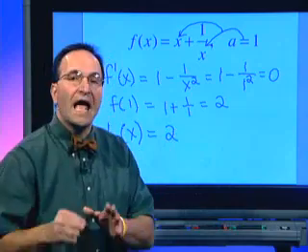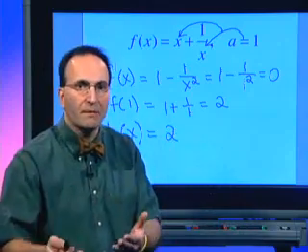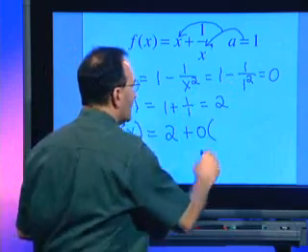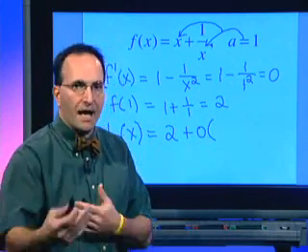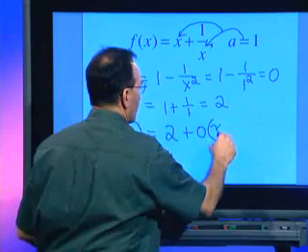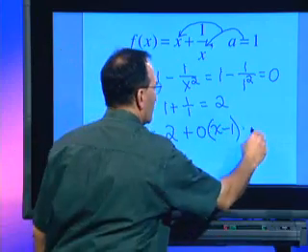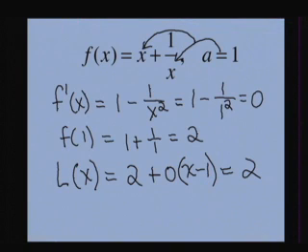Then plus f prime of a, which is f prime of 1, which we said was equal to 0, times x minus a, which is x minus 1. And that, of course, is equal to 2. So our approximation, L of x, is equal to 2.